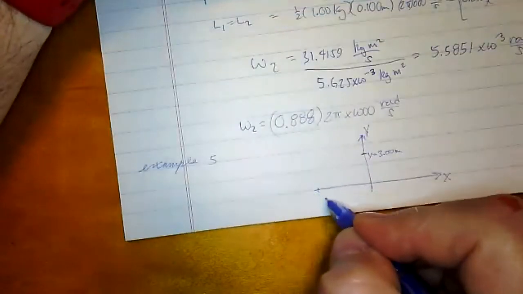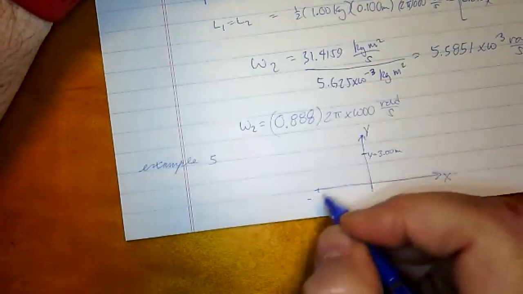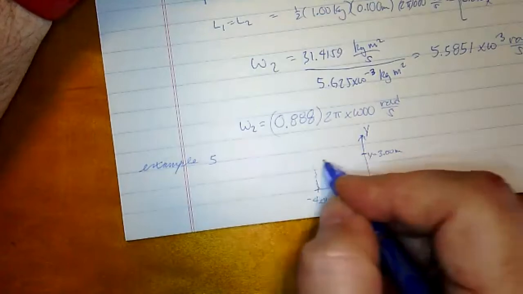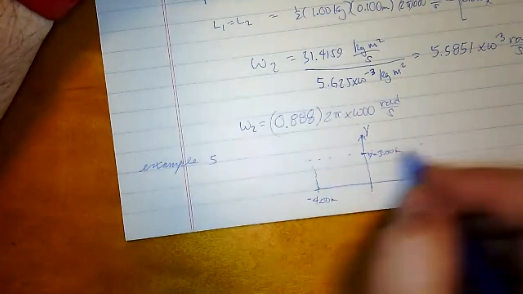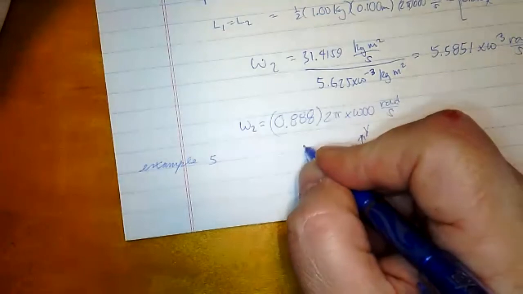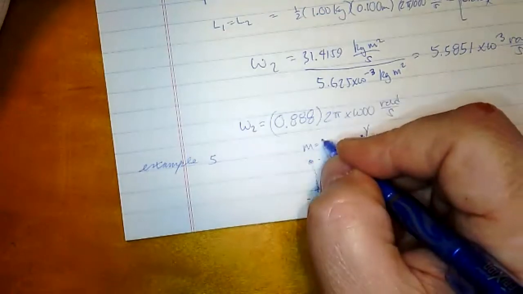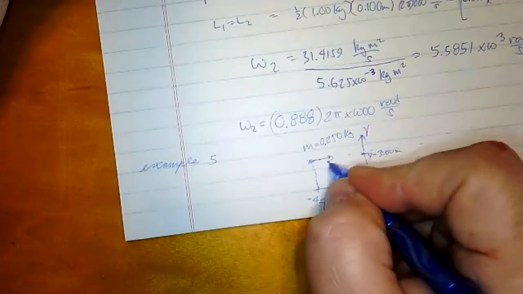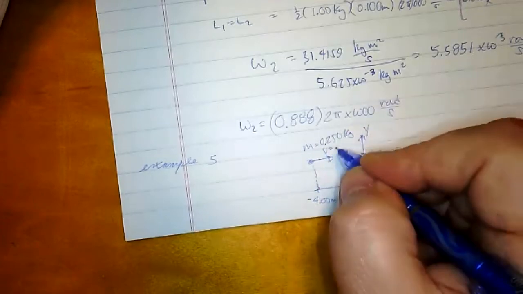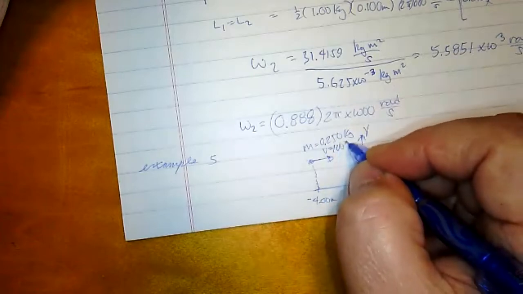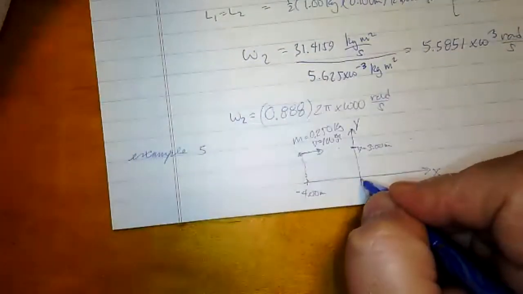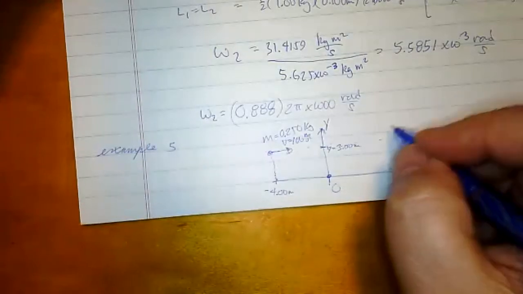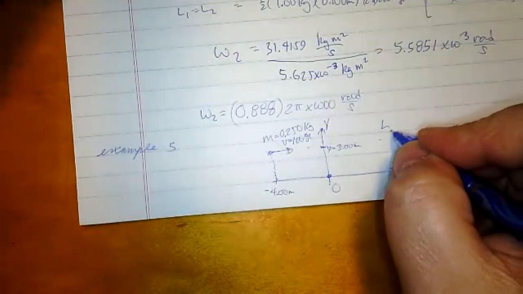And then I go back here to a distance of x equals negative 4.00 meters. And I put a mass m equals 0.250 kilograms, traveling with a velocity v equals 100 meters per second. What I would like to know is, what is the angular momentum with respect to the origin?